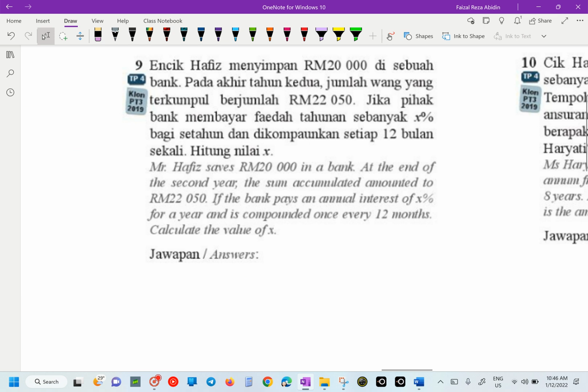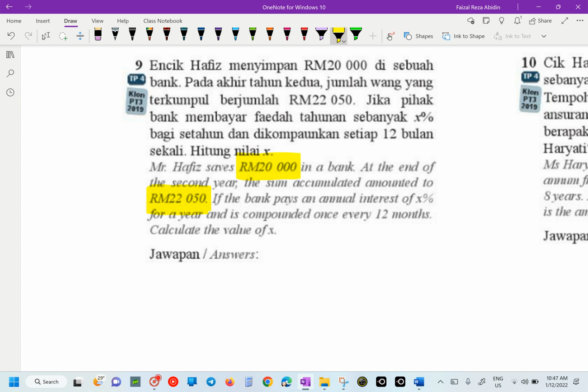Next, number 9. Mr. Hafiz saved 20,000 in a bank and at the end of the second year, the sum accumulated amounted to 22,050 ringgit. That means there is an extra 2,050.